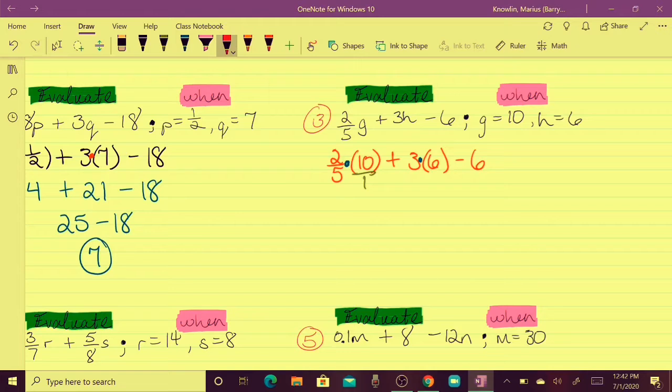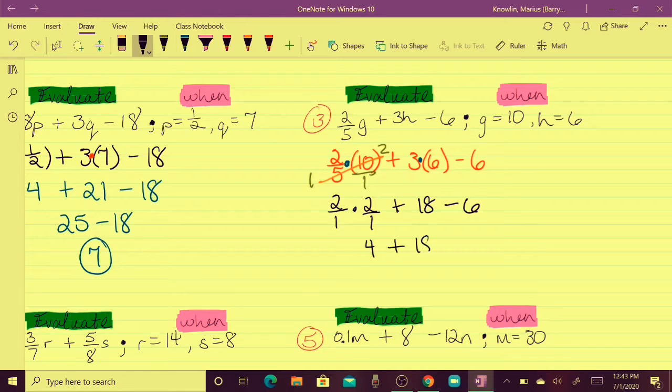And I know that 5 goes into, let me use a different color there, 5 goes into 5 one time, and it goes into 10 twice. So I'm going to rewrite this to say 2 over 1 times 2 over 1 plus 18 minus 6.